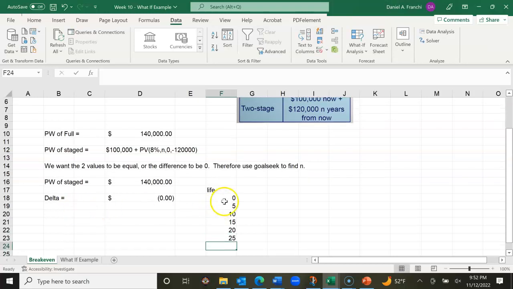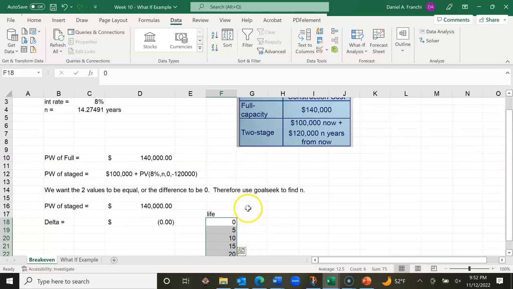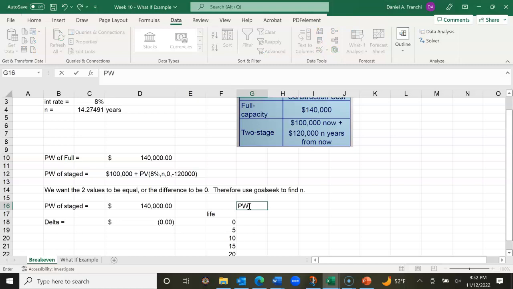So this is the number of years. And let's have our present worth. And this is what we want to have equal 140,000. So we need to refer to the calculated cell, 140,000.